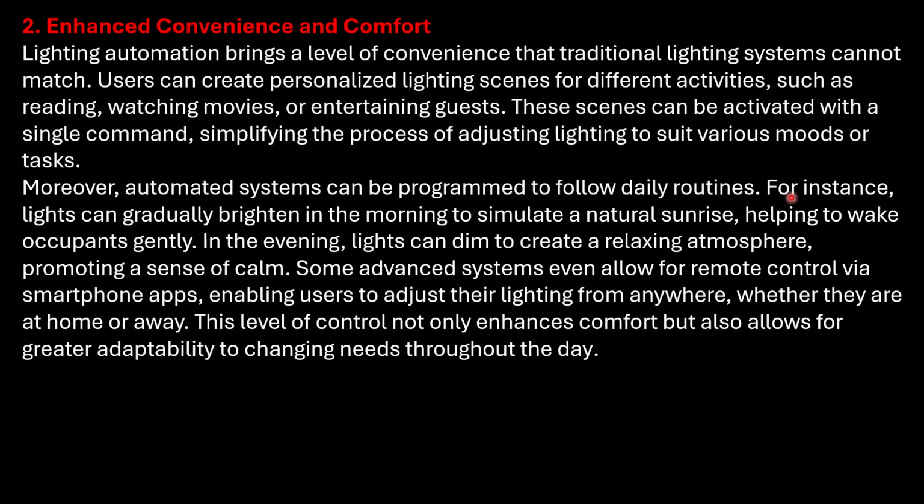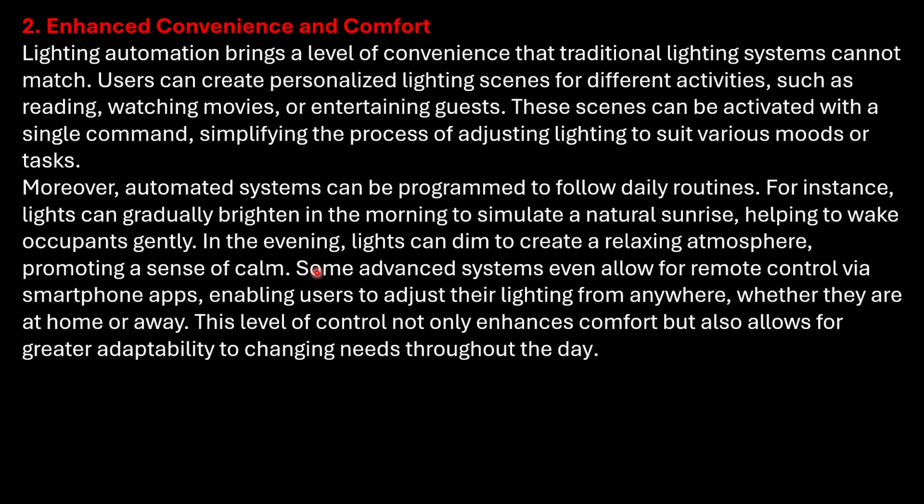For instance, lights can gradually brighten in the morning to simulate a natural sunrise, helping to wake occupants gently. In the evening, the lights can dim to create a relaxing atmosphere, promoting a sense of calm.